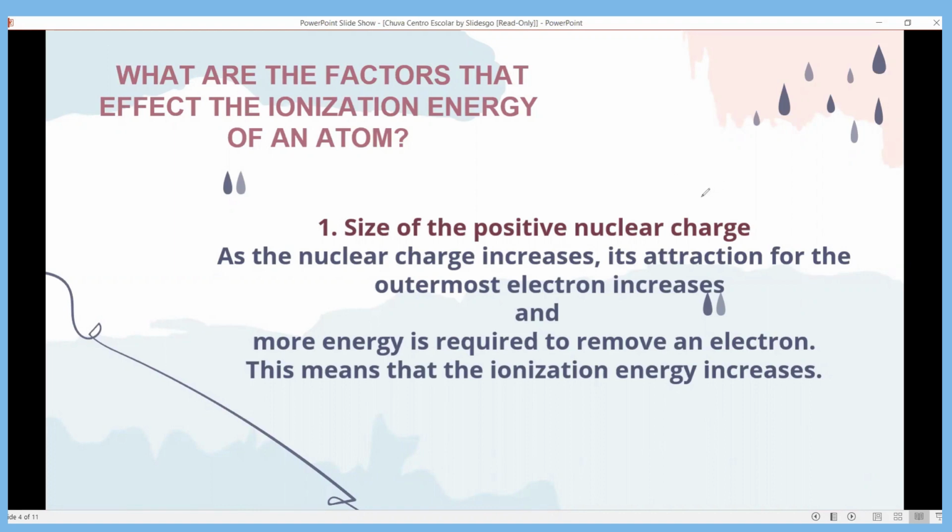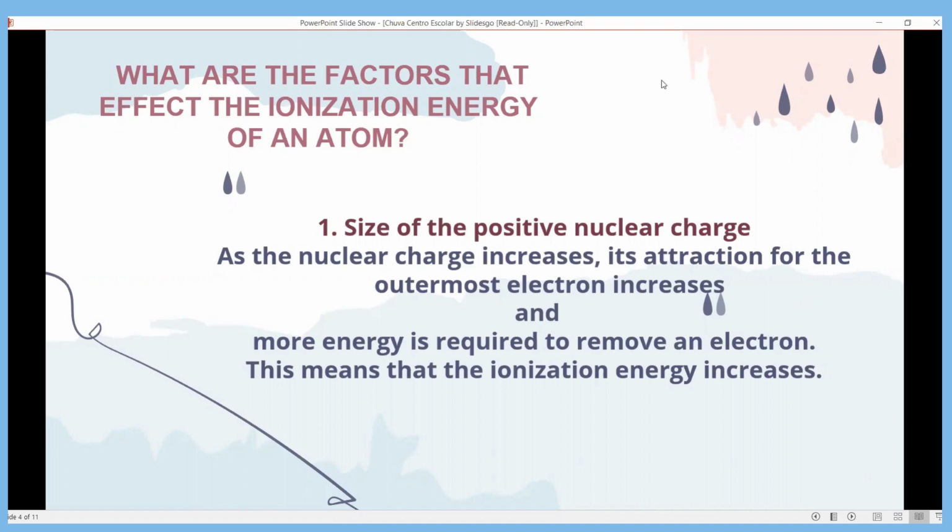When one proton is added, the electrostatic attraction is going to increase because of the charge. So whenever we keep adding a proton, the ionization energy will increase.